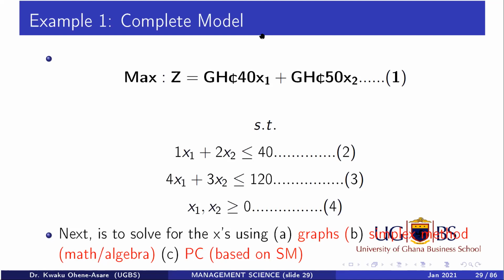Yes, Amana. So we have 3 constraints. Okay, that's very good. Sometimes the tendency is that a person will not include the non-negativity constraint, but you really have to include it. That is also part of it.